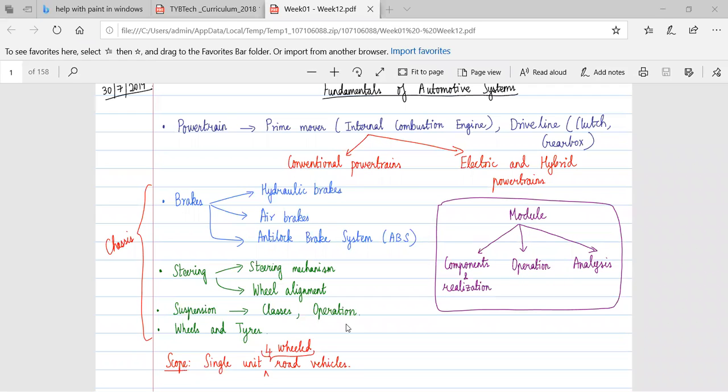Now for such heavy vehicles, we normally prefer air brakes, because they are carrying huge loads, whereas passenger vehicles, meaning cars, are traveling with small loads compared to the trucks, right?